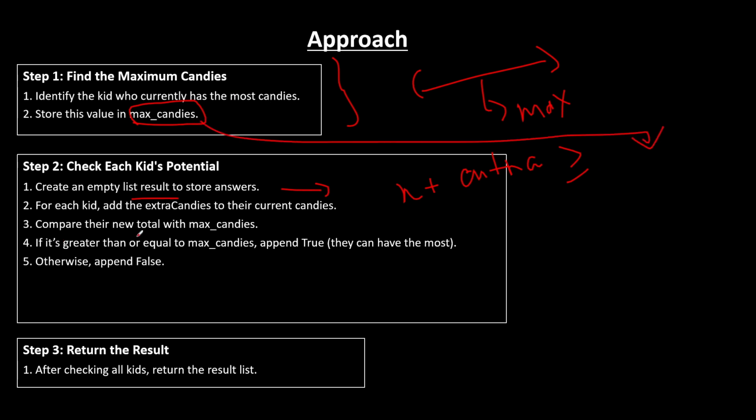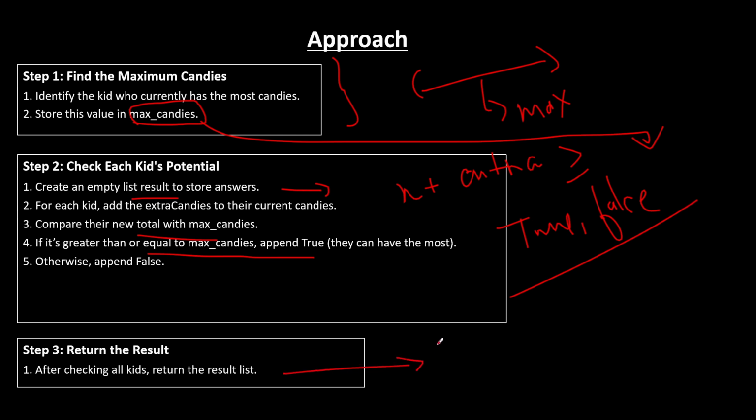That is step 3. If it is greater or equal to the max candy, we will push true into the array. If not, false. And at the end, we will return the result list in which we have the Boolean answers.